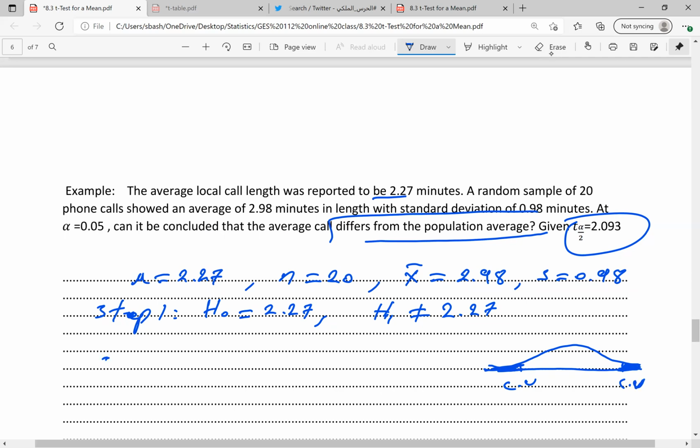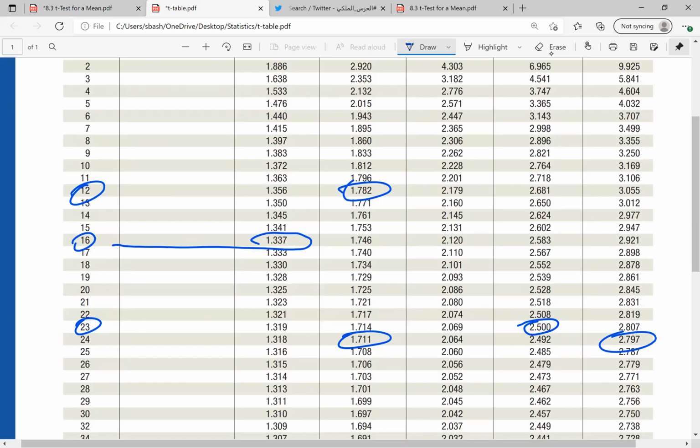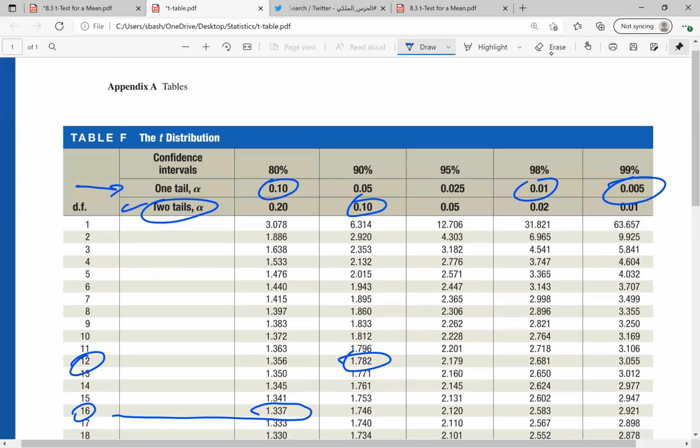Step number 2, the critical value to the left is given in the question, negative 2.093. If the critical value is not given in the question, we can use the table of the t-test. We mentioned this before.